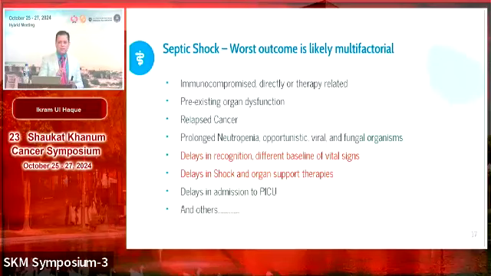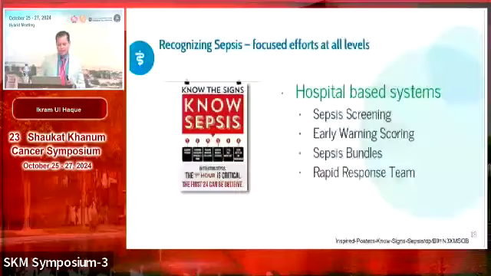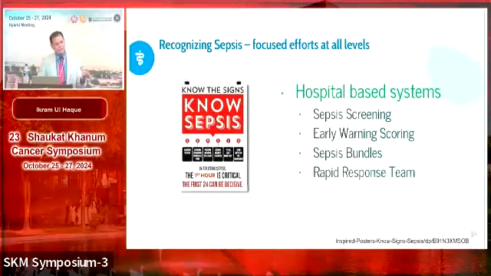But what we are finding with recent studies is that delay in recognition of shock, delays in the therapy which you can provide immediately, and possibly some delays in admission to the ICU are factors which may be contributing to some of this increased mortality in those patients. You know, efforts are going around to recognize sepsis early. There are all sorts of campaigns. The Surviving Sepsis campaign from the US is one of the big ones, and everybody is working on these things.